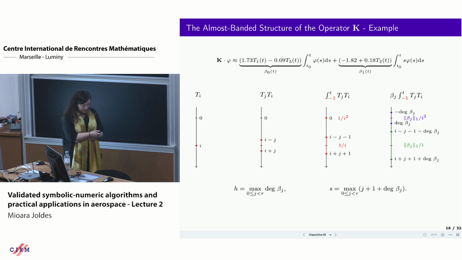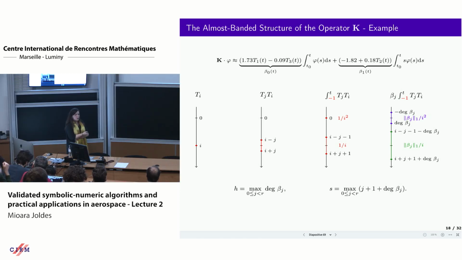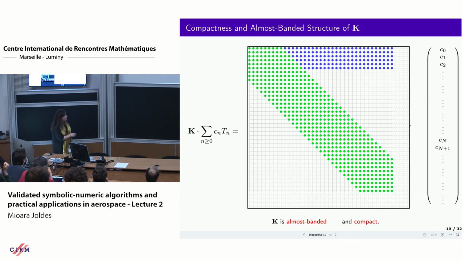What we see here is that only a few coefficients will appear in the matrix representation of my operator, and I can bound the maximum degree for each t_i where the matrix will get filled, and I can prove that the operator will be an almost banded matrix.